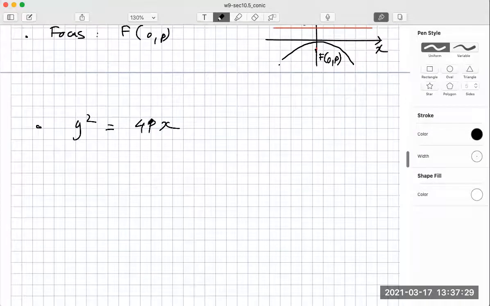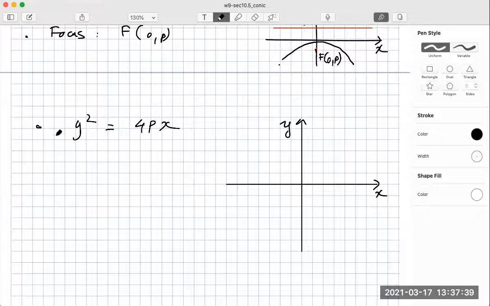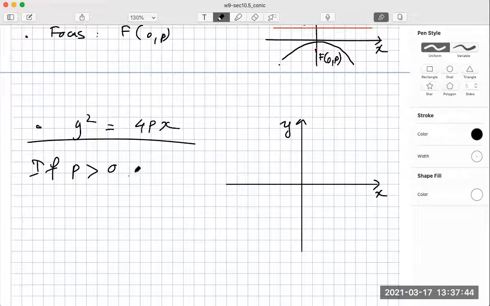Look at this. y squared is a positive number, right? In this case, if p is positive, therefore 4p will also be positive. It means that the graph, the collection of points satisfying this equation, will be in the positive domain, right?